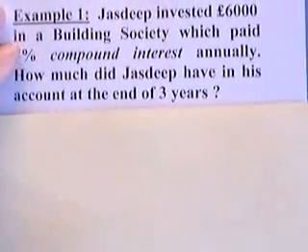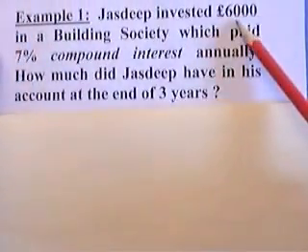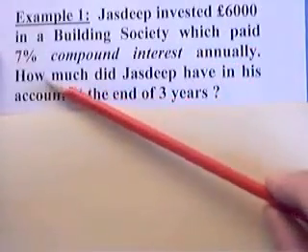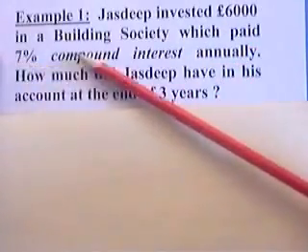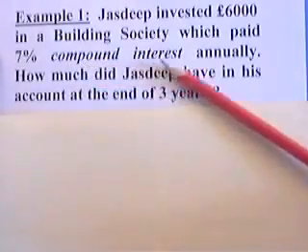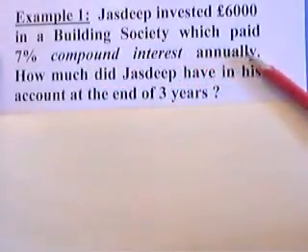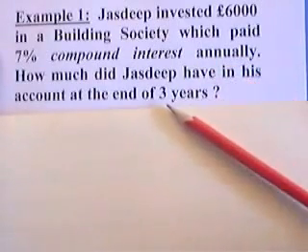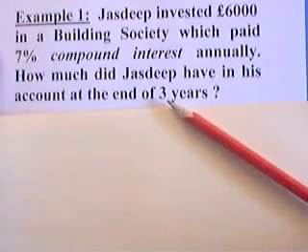We've got an original amount of £6,000 being invested at 7% compound interest, and it's compounded annually, so at the end of every year. And we want to know how much he would have at the end of 3 years.